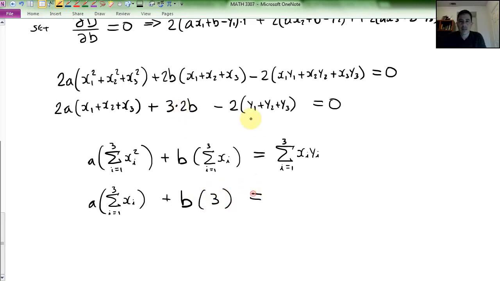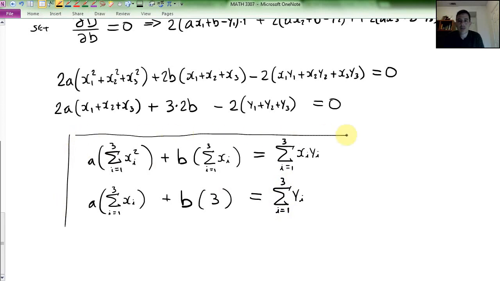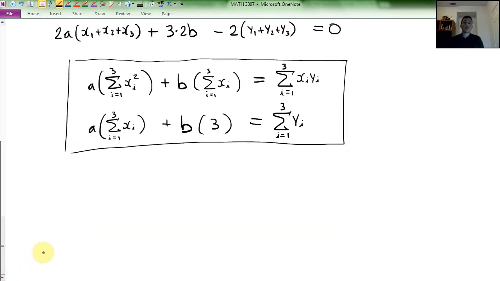And then on the other side, you have the summation of y. So that is a system. Now it's a 2 by 2 system, so you get a 2 by 2 coefficient matrix.